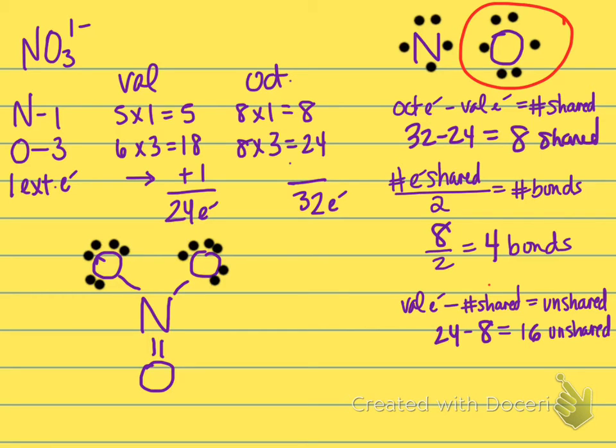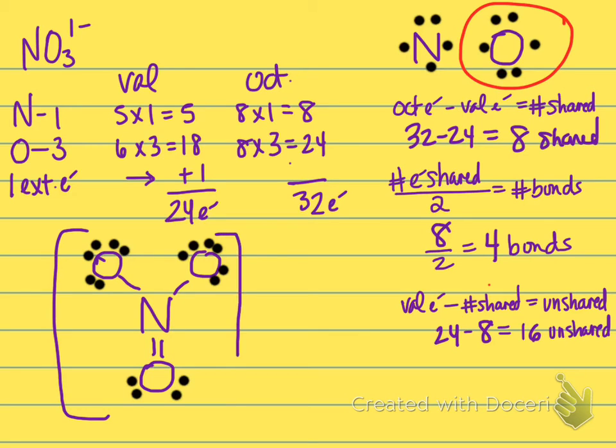So how many unshared electrons can I put on each oxygen? Well, I always have to think in terms of octet. 2, 4, 6, 8. Cool. 2, 4, 6, 8. Excellent. Now, what about the oxygen that's double bonded? It already feels like it has 4 electrons on it, so it's only going to get 2 unshared pairs. Hey, fantastic.